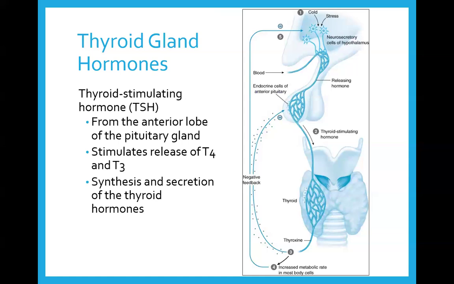So thyroid stimulating hormone from the anterior lobe of the pituitary gland stimulates the release of T4 and T3, and then they synthesize and secrete the thyroid hormone. So when the body says, oh, I'm low on T4, that triggers the pituitary gland. It's called a negative feedback loop. It triggers the TSH to be stimulated and released, which then stimulates the thyroid.